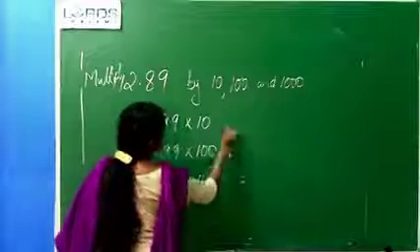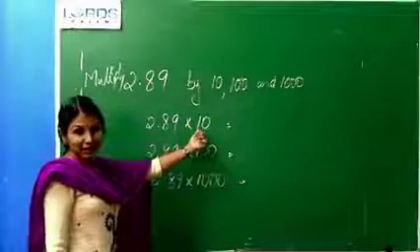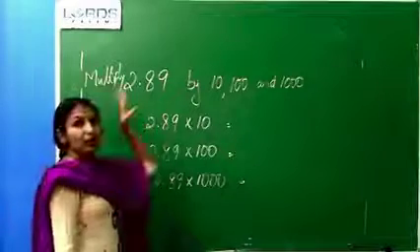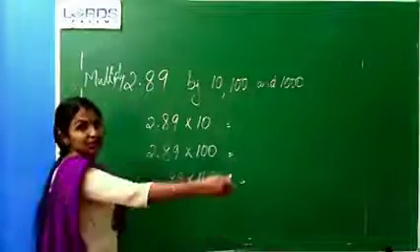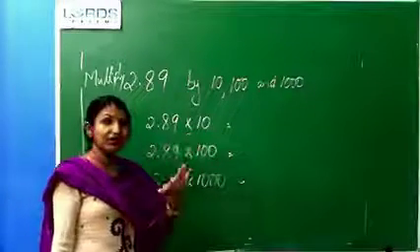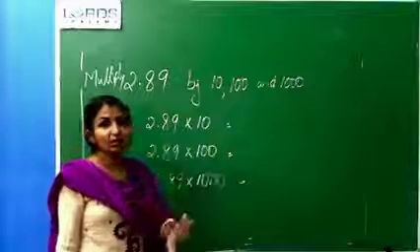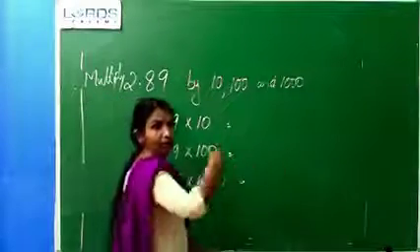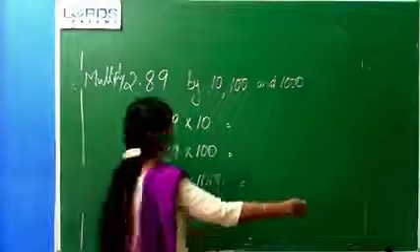When we are multiplying by 10, the decimal place will move 1 place towards right. Because when we are multiplying, definitely the value is increasing. It is not at all decreasing. So to increase the value, it should be more towards right side.